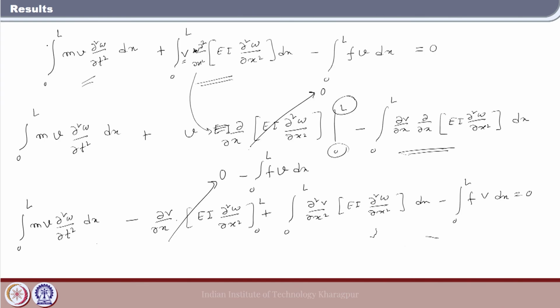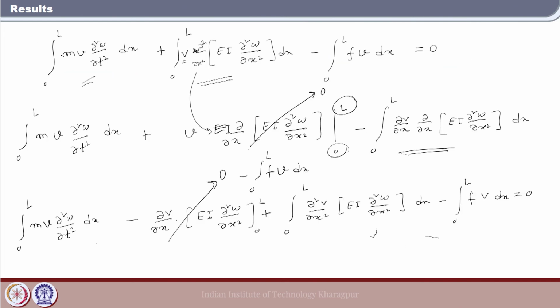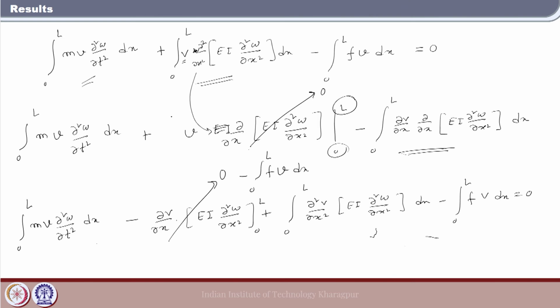Now, if this goes to 0, then finally you have 0 to L, m V ∂²w/∂t² dx, and then this goes to 0.